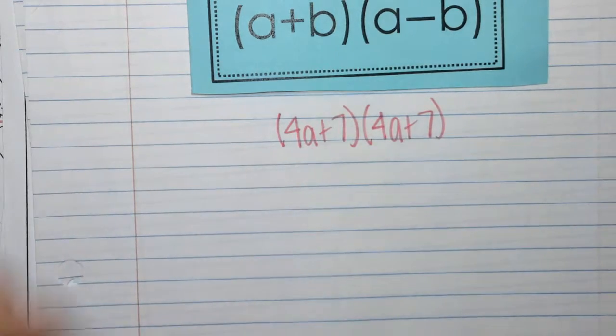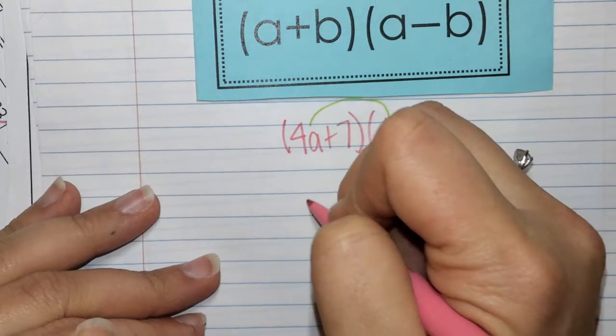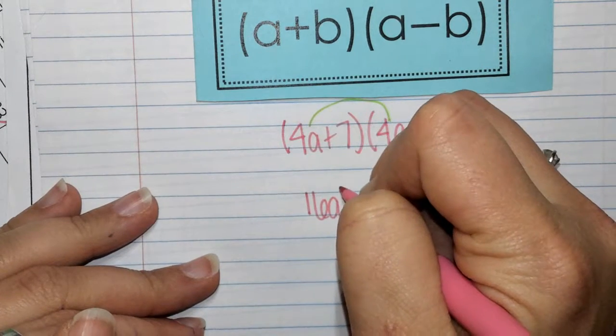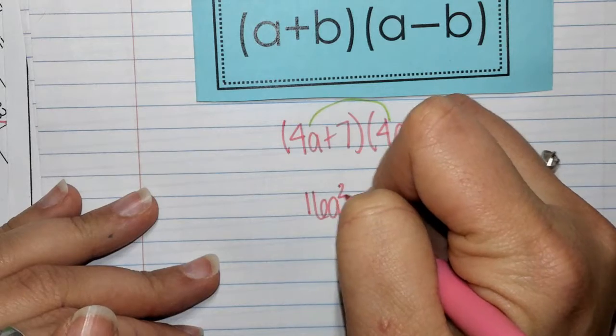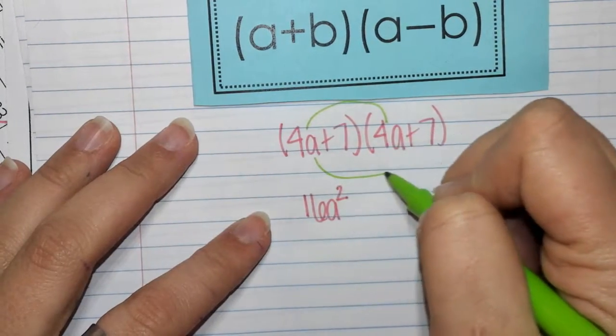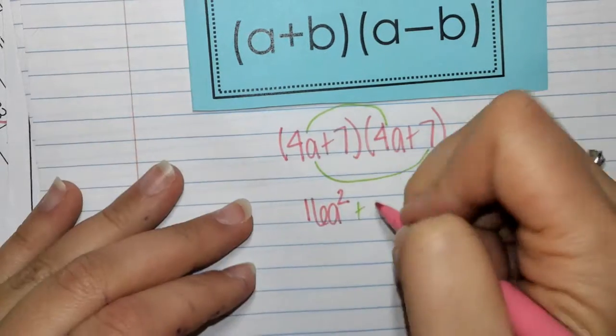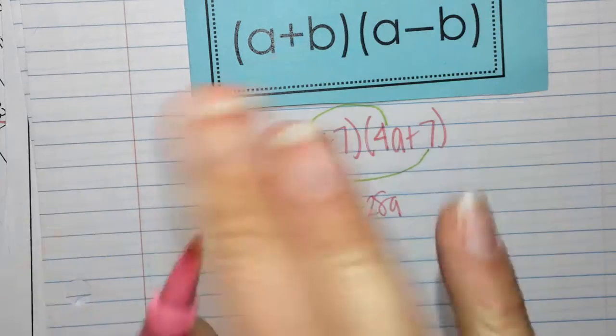So if we used FOIL, we would multiply 4A times 4A and get what? 16A squared. Okay? Then we're going to multiply the outside. We're going to make the mouth. 4A times 7 is? 28A.